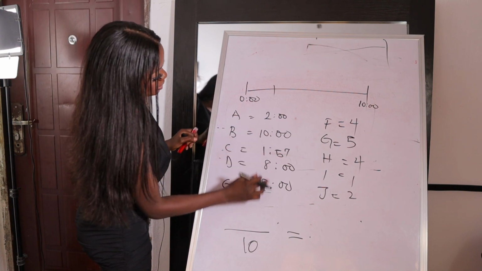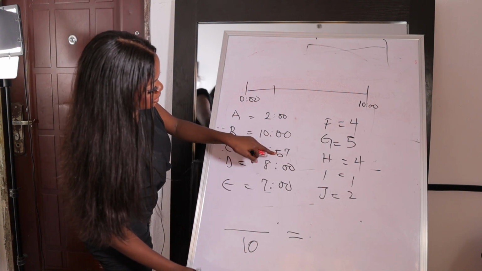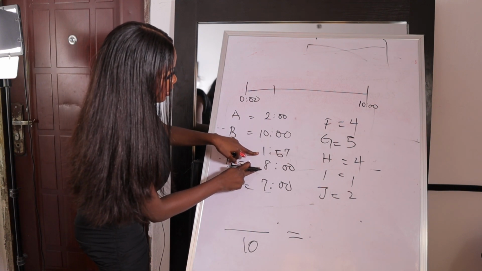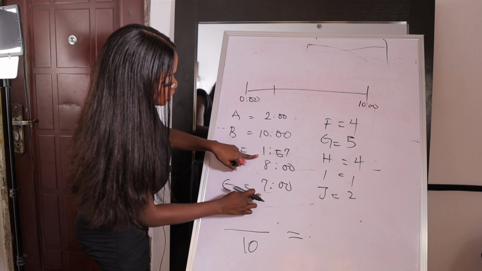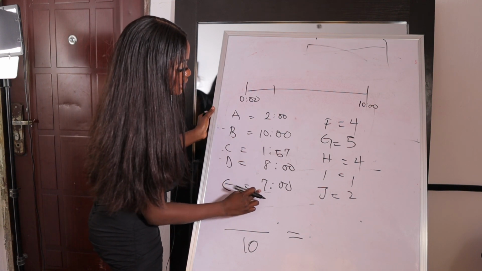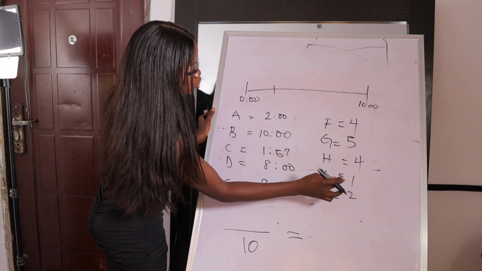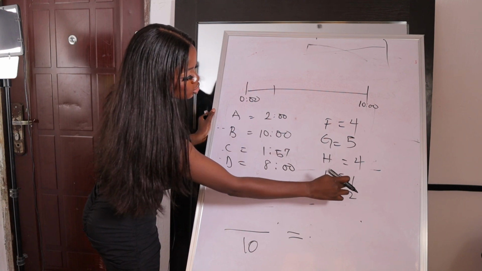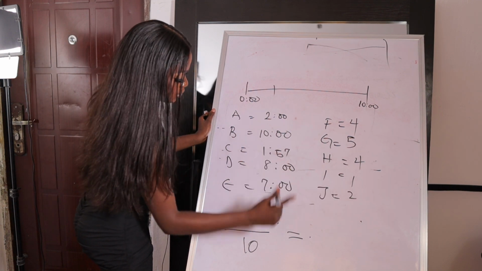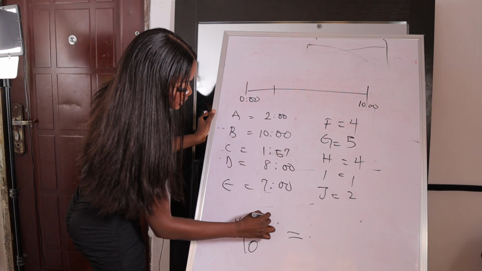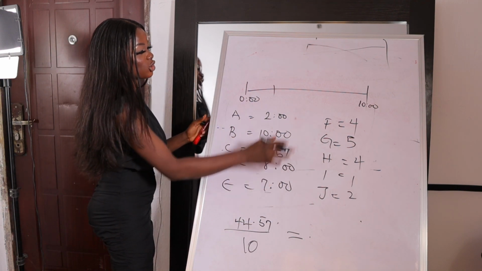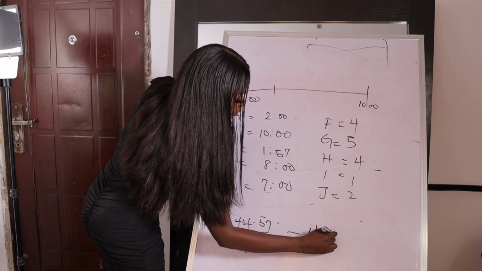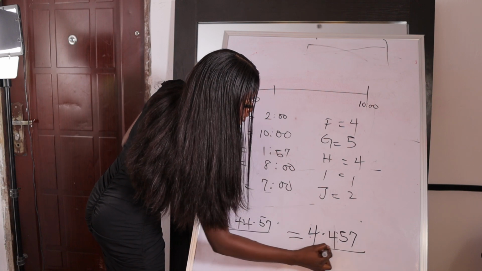So now we have 2 plus 10, 12, 13, 21, 29, 32, 37, 41, 42, 44.57. So your average retention rate on this video is going to be 4.457 minutes.